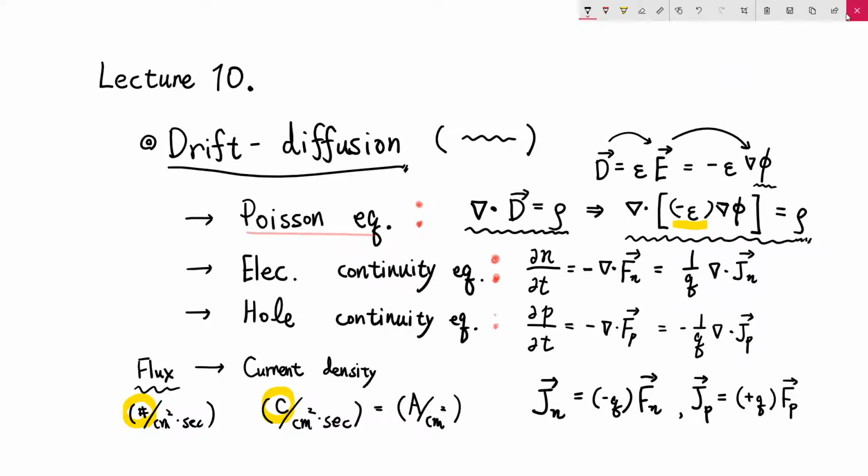So up to now we introduced the Poisson equation, and the electron continuity and hole continuity equations have been introduced, and their final form looks like this.